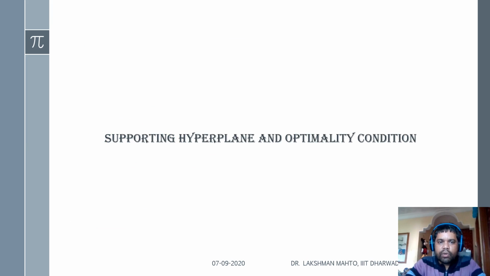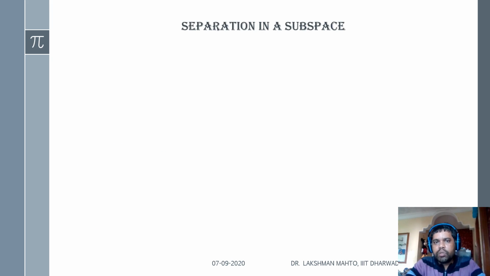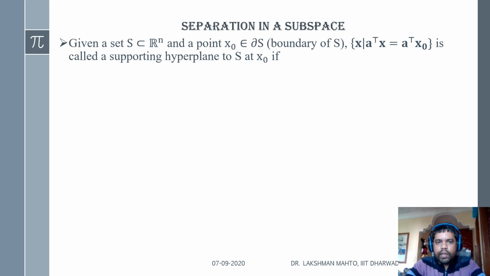So today I would like to discuss supporting hyperplane and further optimality conditions. In order to proceed further, we need to first define the supporting hyperplane. So here the title should be supporting hyperplane.